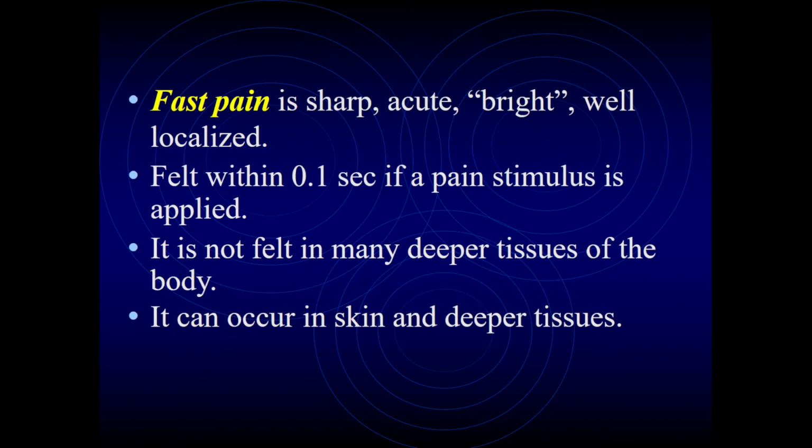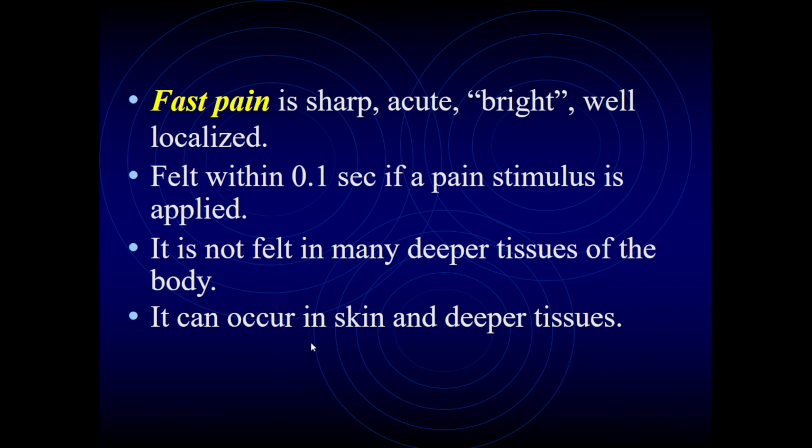Fast pain is sharp, acute, bright, well localized. It is felt within 0.1 second if a pain stimulus is applied. It is not felt in many deeper tissues of the body.